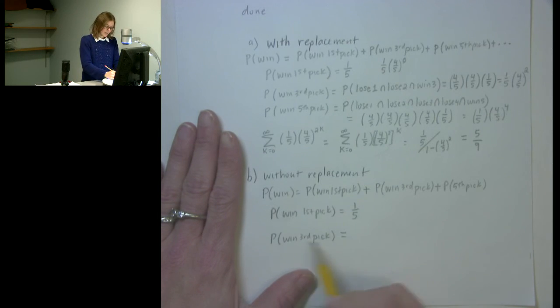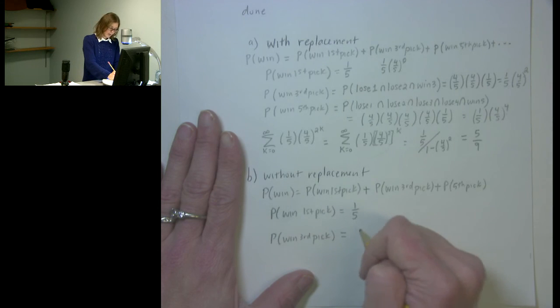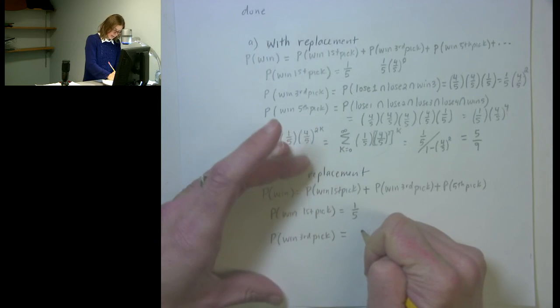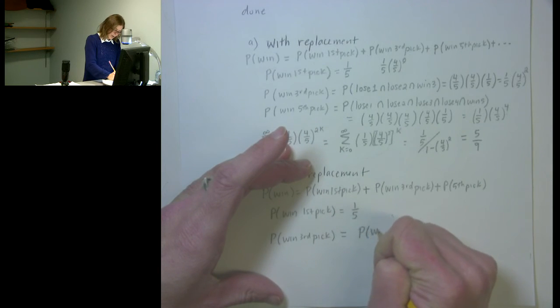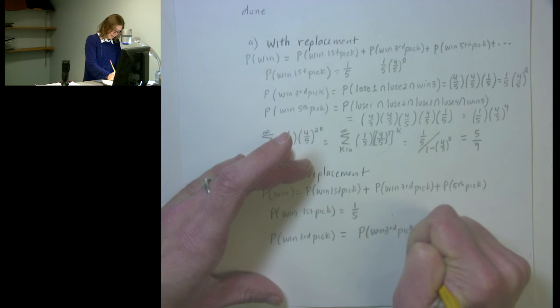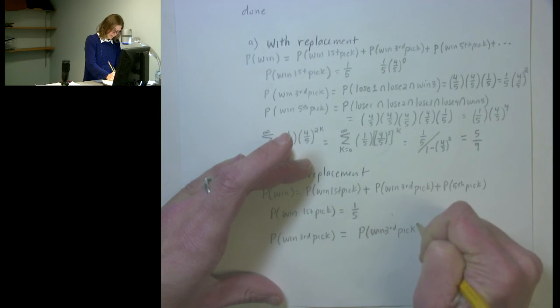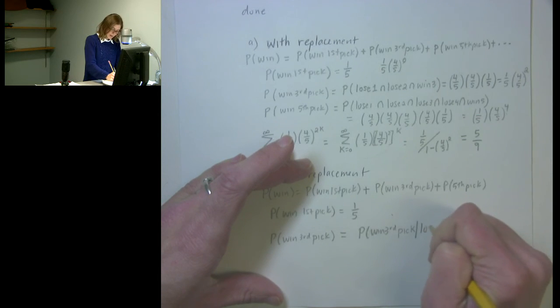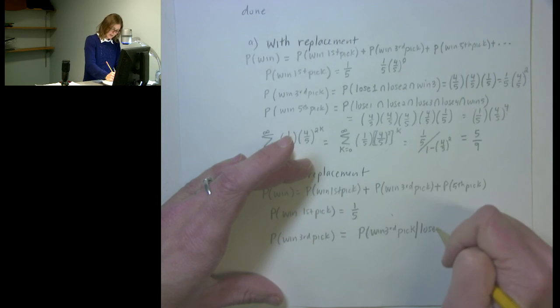Now I have to say, okay, well, winning on the third pick would require the probability of winning on the third pick given that we had a lose on the first two.